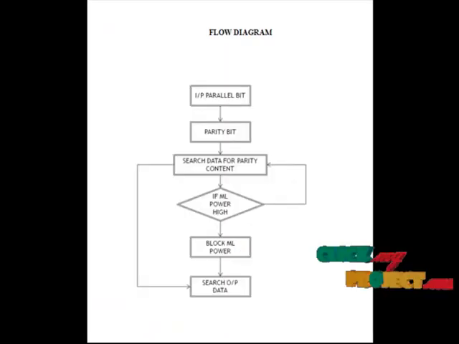Now I am going to explain the flow diagram of our project. In the first step of the flow, we give the input parallel bits. After that, we extract the parity bit for the given input. This parity is extracted for the total database addresses and also for the given input 8-bit vector.